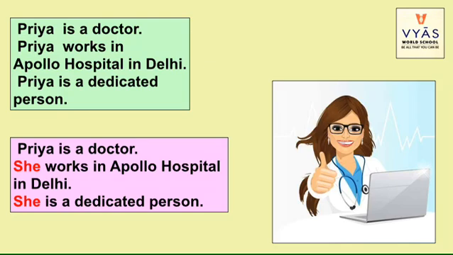She works in Apollo Hospital in Delhi and she is a dedicated person. In these sentences, we have written she for Priya. By writing like this, we have made our sentences look better. The word she is a pronoun over here. So pronouns are words that are used in place of nouns so that nouns are not repeated in a sentence.